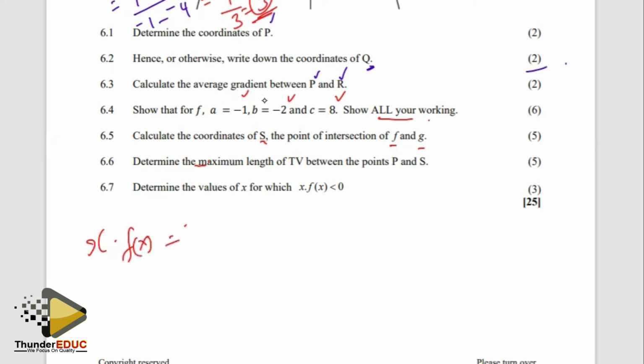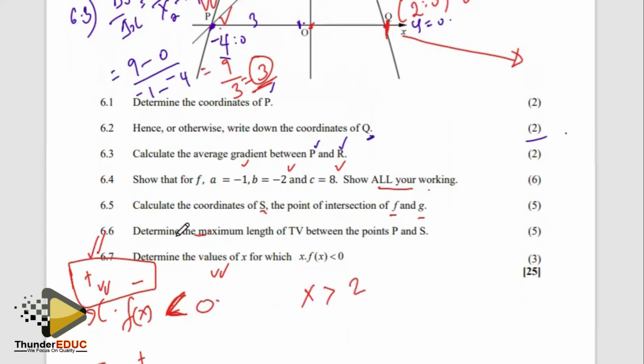All right, so let me look at the first condition. Where do I find, on the positive x-axis, the graph of f to be negative, to be below? It is from this point to that end. So I'm going to say x is greater than 2.